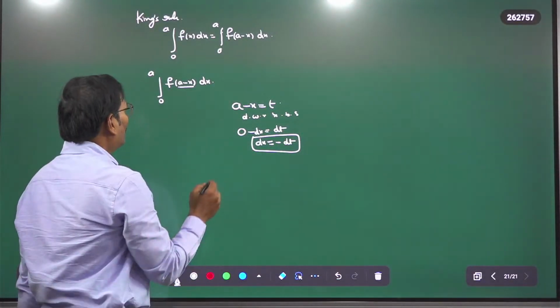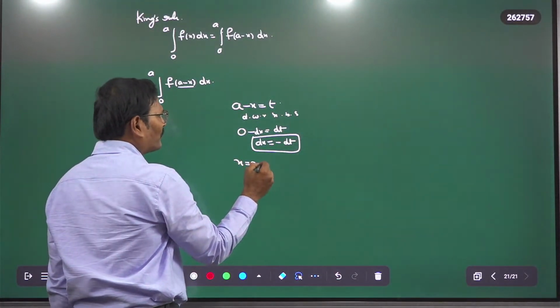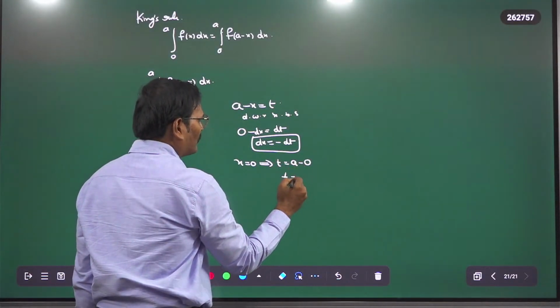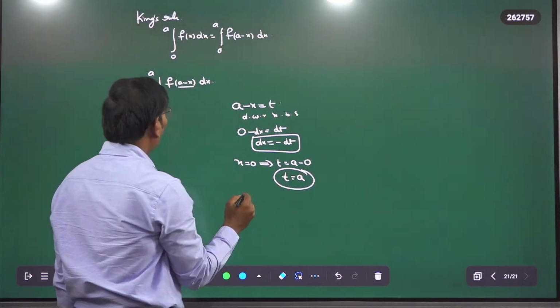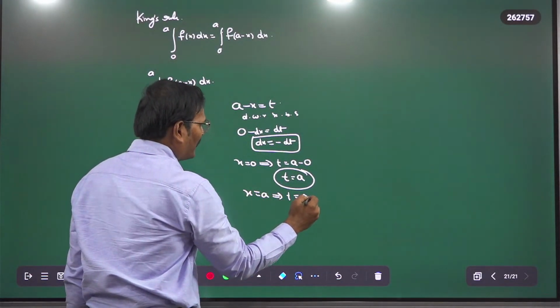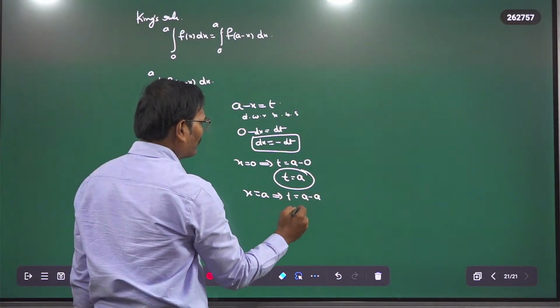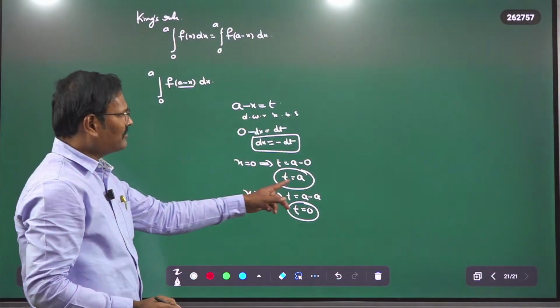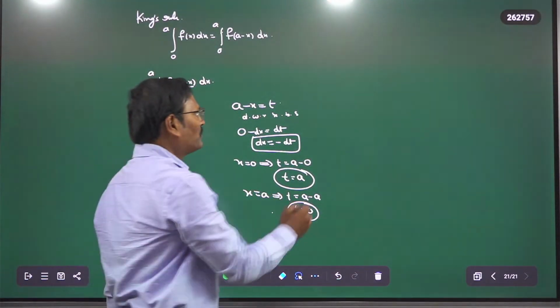Now the limits. When x is equal to 0, t is equal to a minus 0, so t is equal to a. When x is equal to a, t is equal to a minus a, so t is equal to 0. So here the lower limit is a and the upper limit is 0.